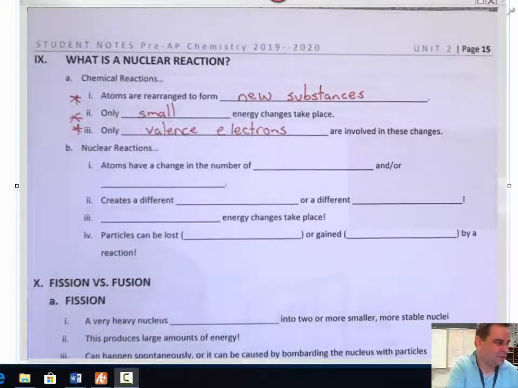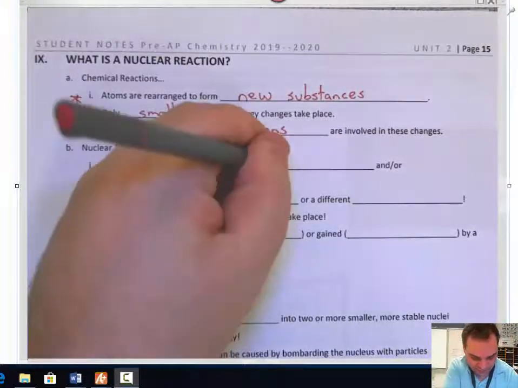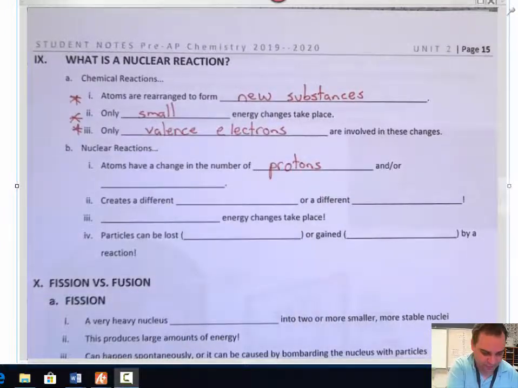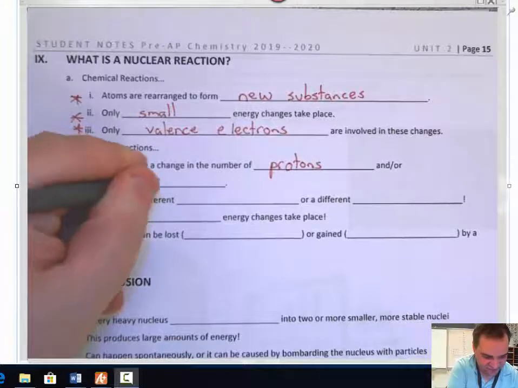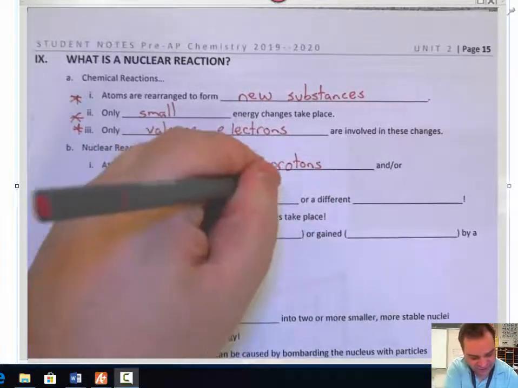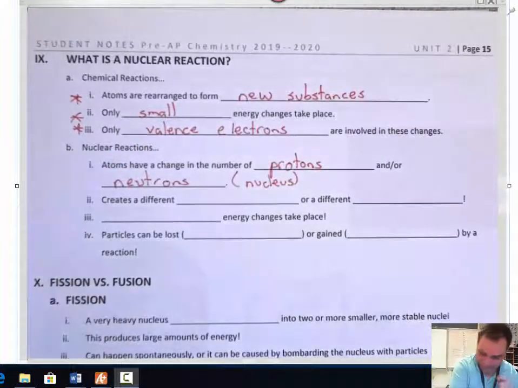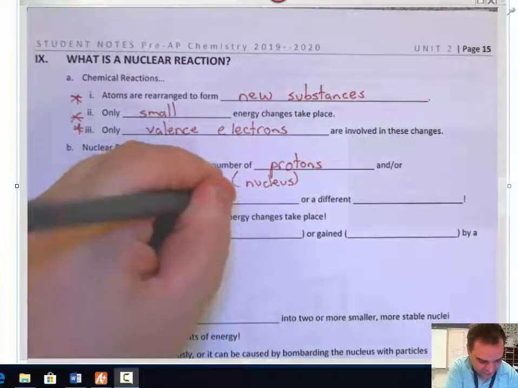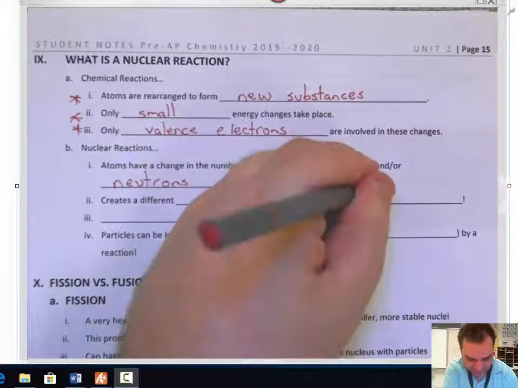Nuclear reactions are atoms that have a change in the number of protons and/or the number of neutrons. I always misspell neutrons. Remember that these involve the nucleus. That's why it's a nuclear reaction. It creates a different isotope or a different element.